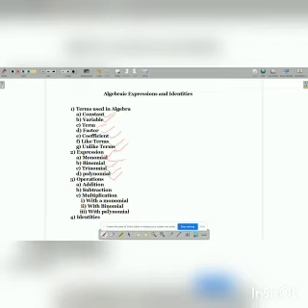So, first, addition. We will see about addition of algebraic expressions. Let us take an example and solve it. For example, if I take 4x plus 3x, what is the addition of this?